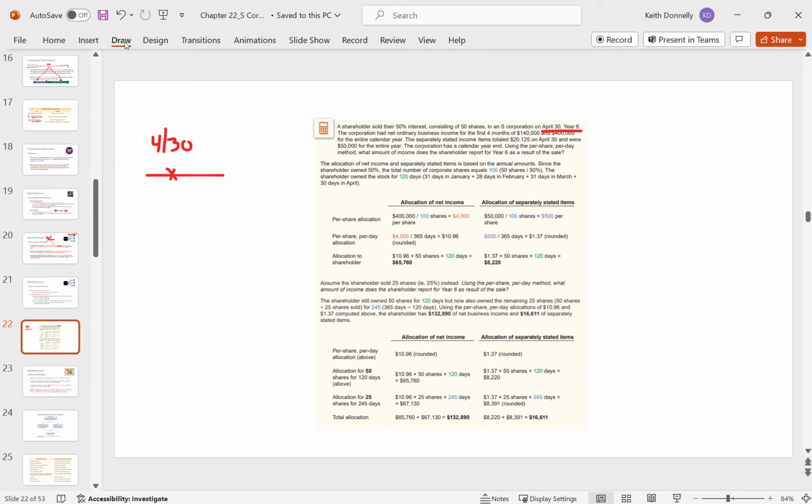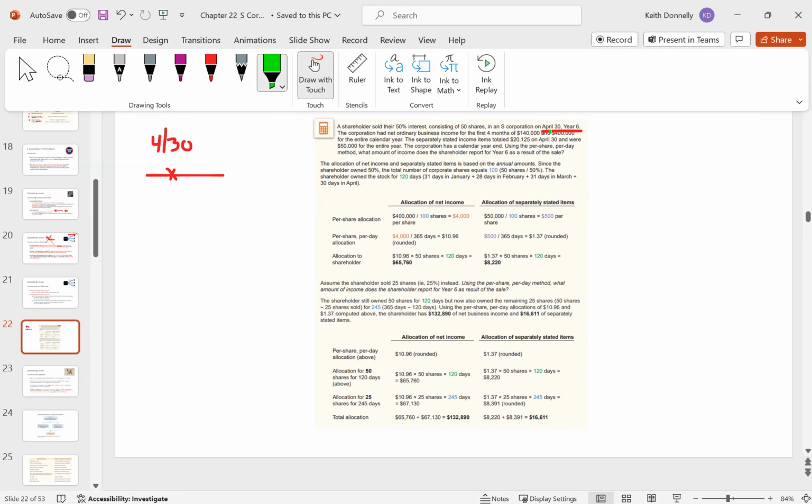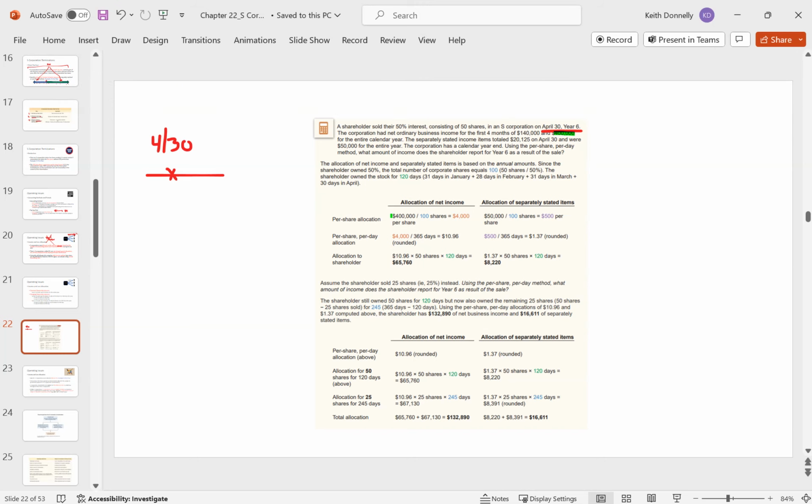So we care about that entire year amount here. That's going to be the important number, the entire year amount, the 400,000. The separately stated income totaled 21,250 for the first 4 months, and there was 50,000 for the entire year. Again, we just care about that entire year amount.